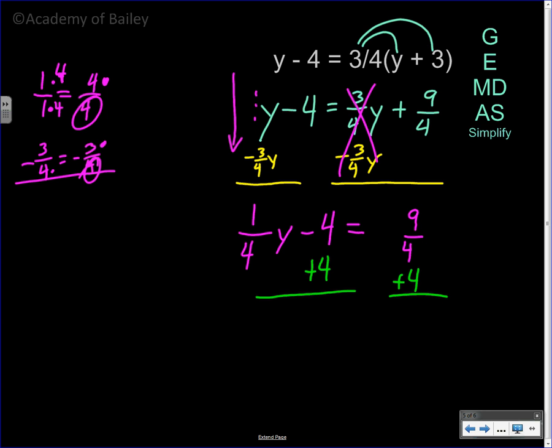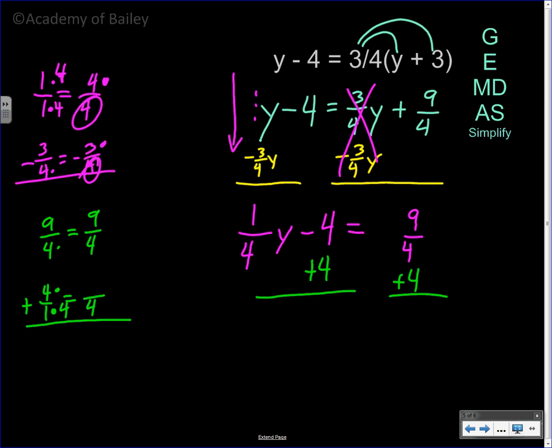Let's go over here to our work. We have 9 over 4, and we're going to add 4 over 1 to it. The common denominator is 4, so this fraction stays the same, but look at this other fraction. It has to change. This bottom number of 1 has to be multiplied by 4 to get 4 on the denominator.